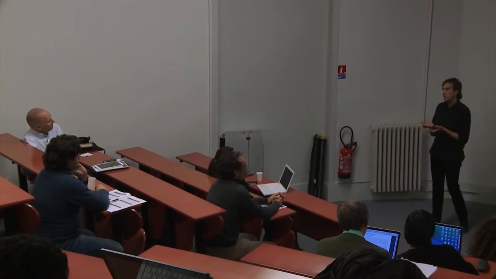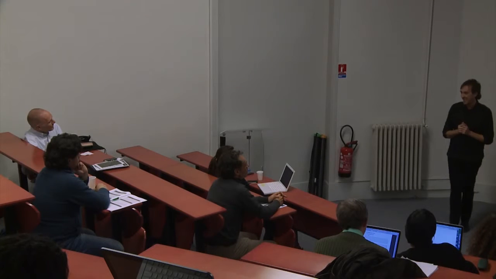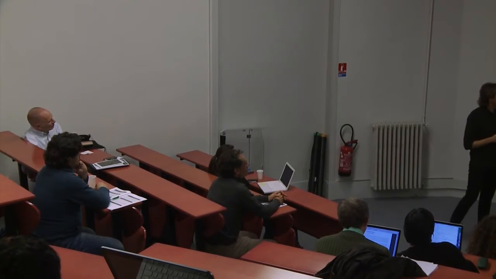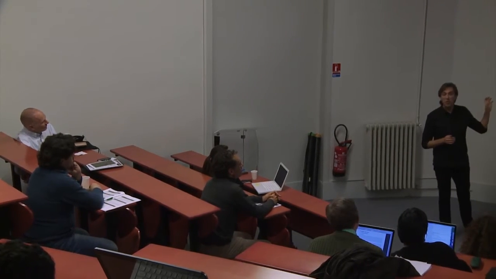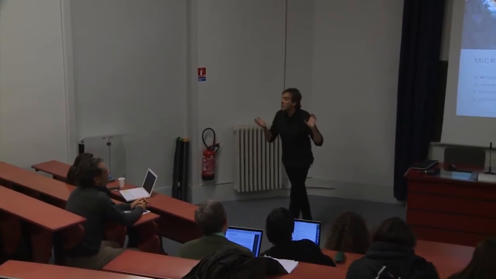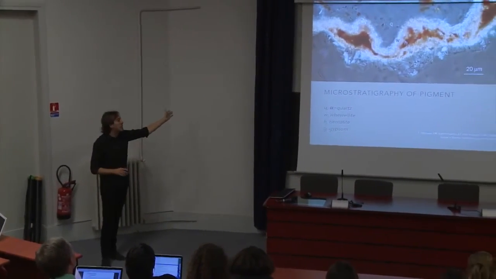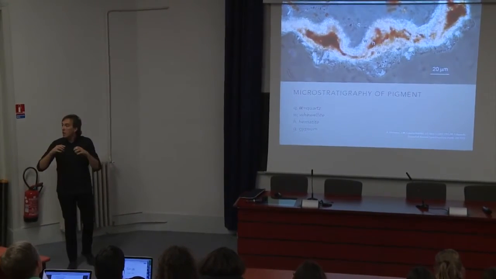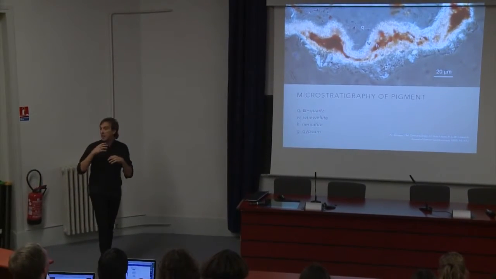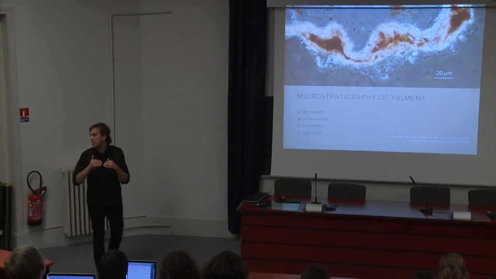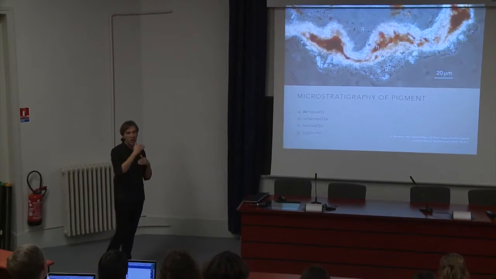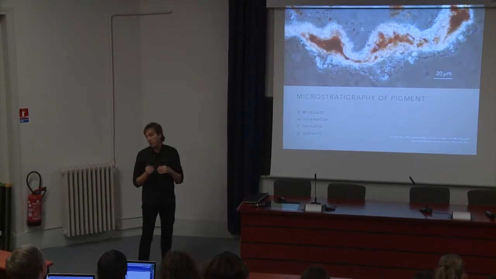So we try to avoid any destruction of the rock art as much as we can. In the microstratigraphy of one of these samples, we can see that the pigment, in this case hematite, is encapsulated, included in a kind of sandwich of oxalates. We have a sandwich overlying and underlying the pigment.